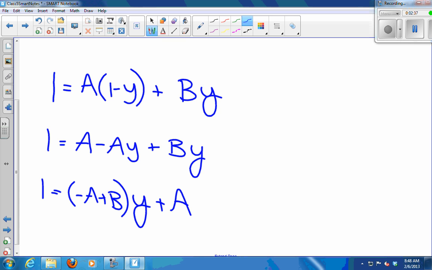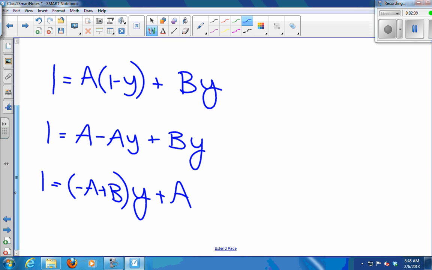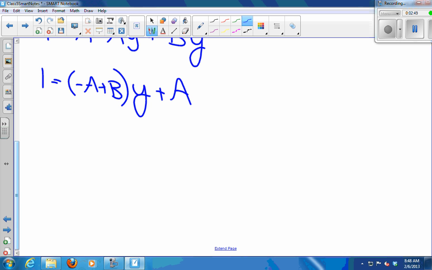Then you match up coefficients on the left and the right. So what's the coefficient of y on the left side of this equation? 0, right, because there is no y term. So I would say that negative a plus b has to be 0. And the constant on the right is a, and the constant on the left is 1.